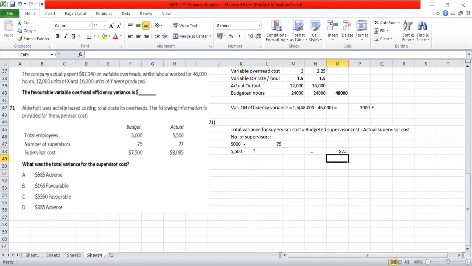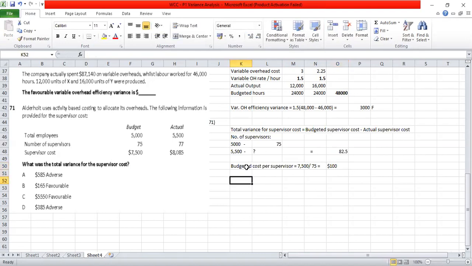So what is the cost? The budgeted cost is given as 7,500 for 75 supervisors. So we also have to calculate the budgeted cost per supervisor. Budgeted cost per supervisor is equal to, this will be $100.